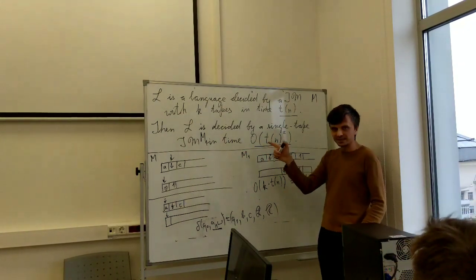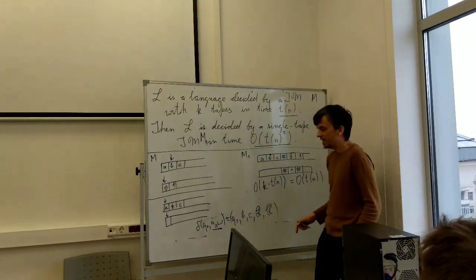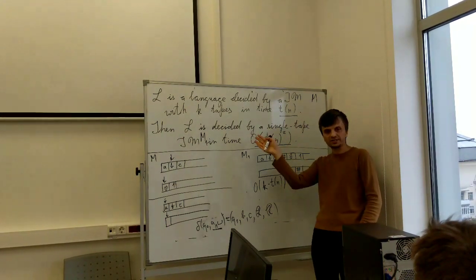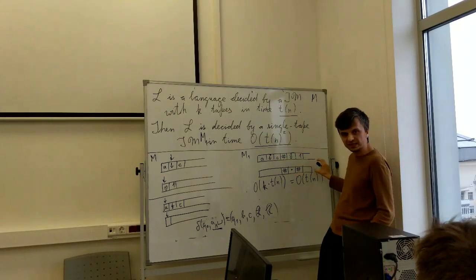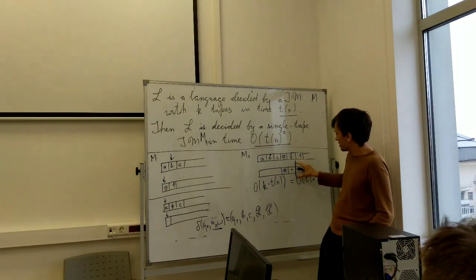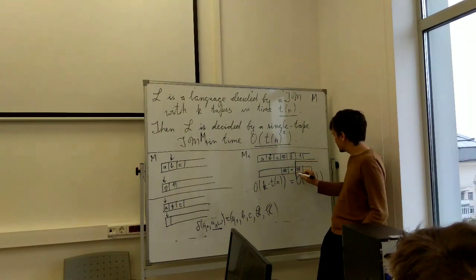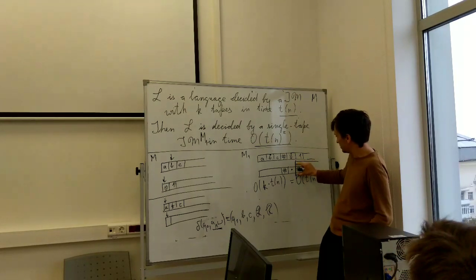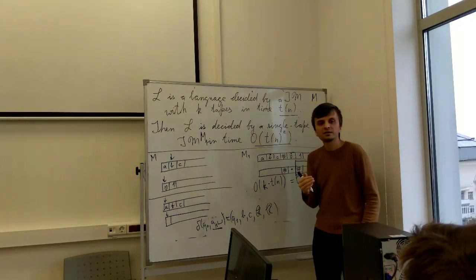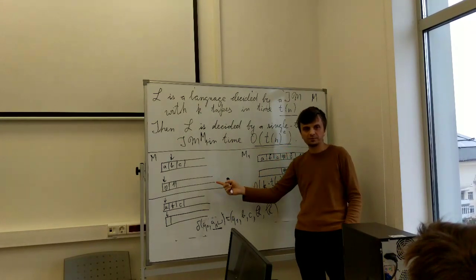Then we make a second scan to actually carry out the rule. It also takes T of n if we don't have to move anything rightwards. But at some point it may happen that we have to move stuff, right? Because, for example, here the segment of the tape is filled in, so to empty one cell here, we need to move this to the right. But how many such moves may we need in the simulation of one step?